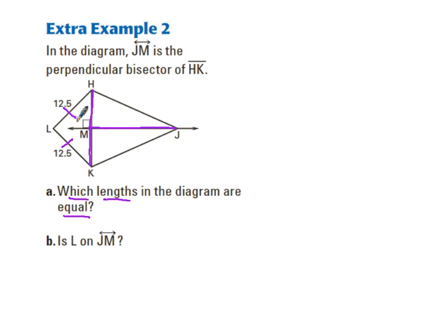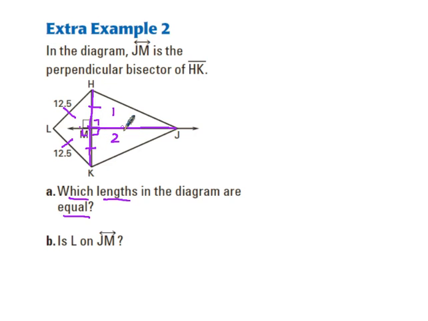The lengths are given. We also have two triangles formed over here with this right angle. If one right angle is congruent at an intersection, then all four are right angles. So if that's the case, we can get these two triangles congruent. If JM is a perpendicular bisector, then it's a bisector of HK, and HM is congruent to MK.